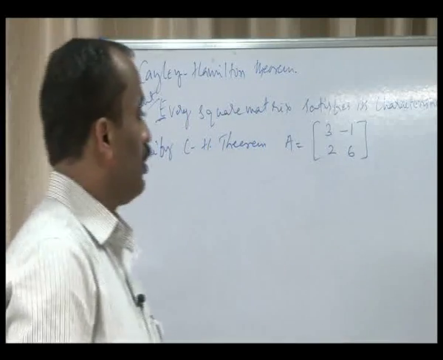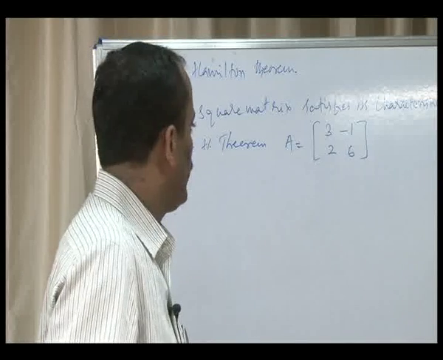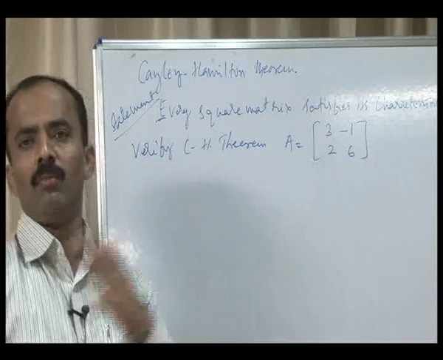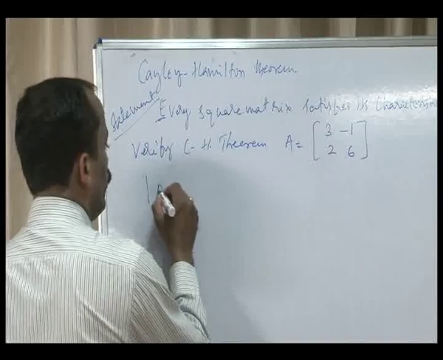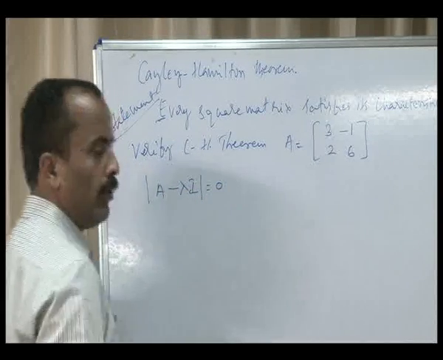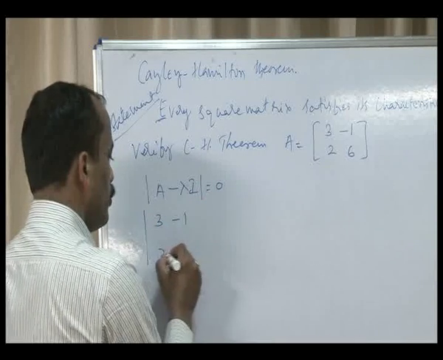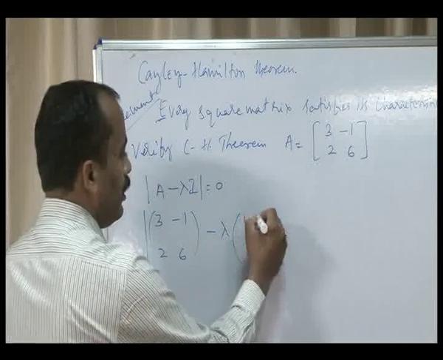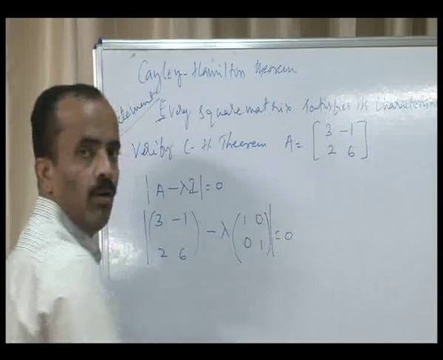See here, we have to find the characteristic equation. How to find a characteristic equation? We have to go for the determinant of A minus lambda I is equal to 0. So, A, 3 minus 1 2 6, minus lambda into I, 1 0 0 1, is equal to 0.